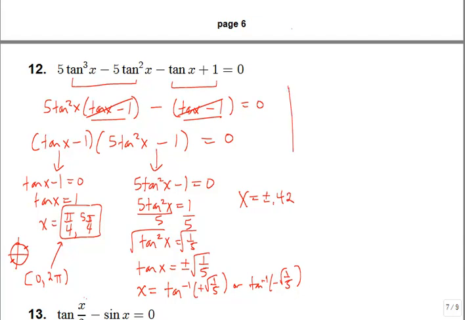So let's visualize what we have on our unit circle. Now 0.42, remember that's an angle in radians, so somewhere over here is this 0.42 angle, and then negative 0.42 would be down here. Are those two answers our only two solutions?